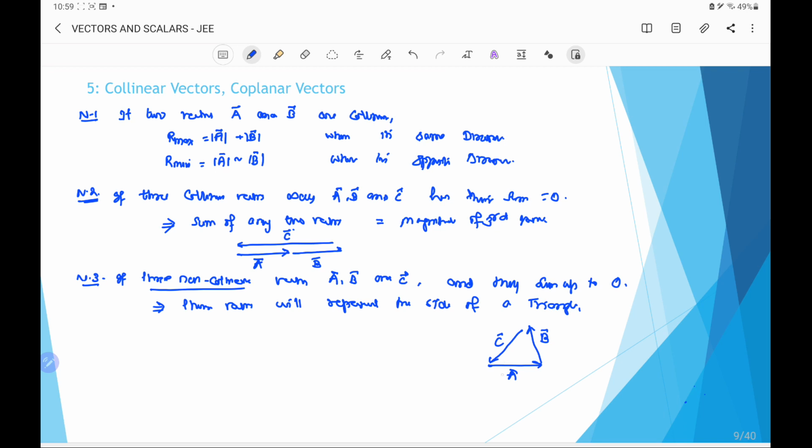So this combination of three non-collinear vectors will give the sum 0, and this implies that the sum of the magnitudes of two vectors will be greater than the magnitude of the third vector. So these are some important points to be memorized.